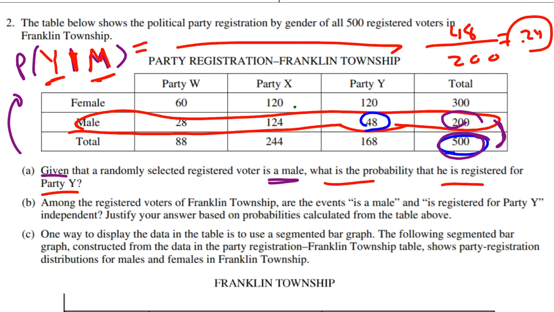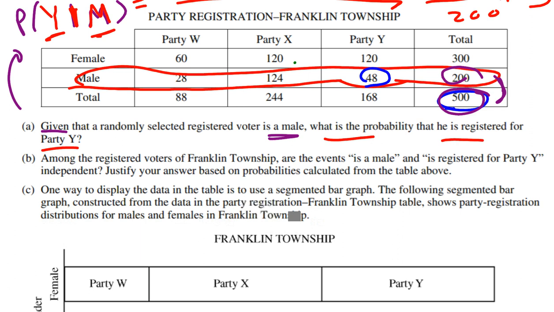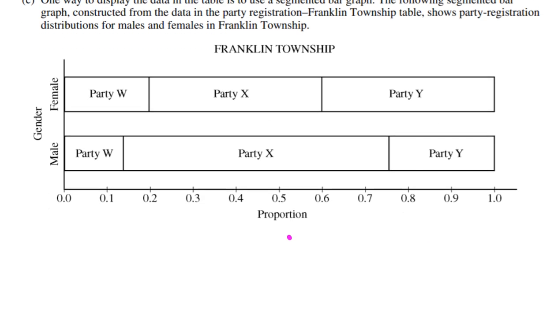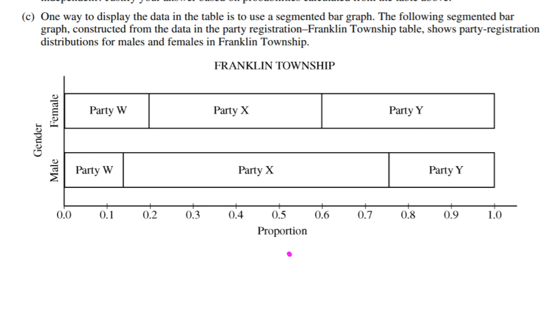There's a couple of things here. First off, they present us with this nice graph that we should look at. So if we take a look at it, part C starts off like this. They say to us, one way to display the data tables is to use a segmented bar graph, which is pretty popular when you first learn about two-way tables. The following segmented bar graph, constructed from the data in the party registration from Franklin Township table, shows party registration for males and females.